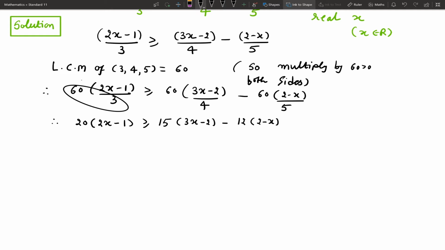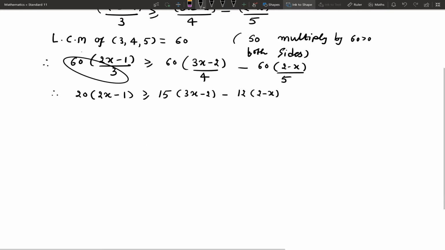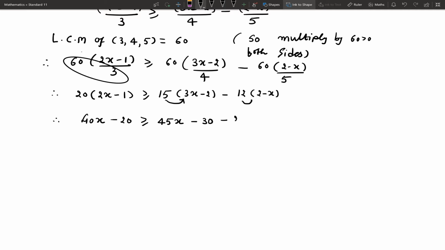It is just simplification. Again we simplify. This is 40x minus 20, 15 into 3, 45x minus 30. Now when we expand, minus 24 and minus minus plus 12x.